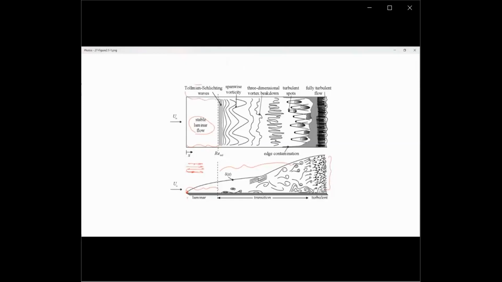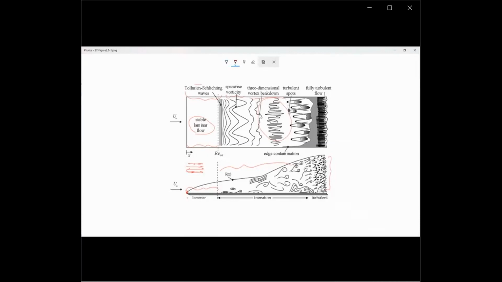These wave patterns are called Tollmien-Schlichting waves. These waves get amplified, and we start to see a significant amount of span-wise vorticity. These span-wise vortices break down and go through a complex interaction process. And then in the flow, we see some regions which are very turbulent.